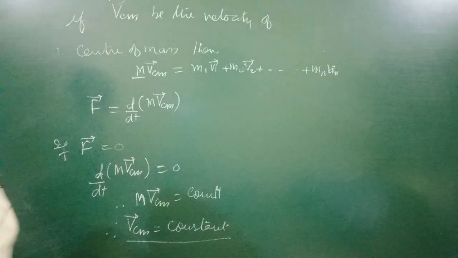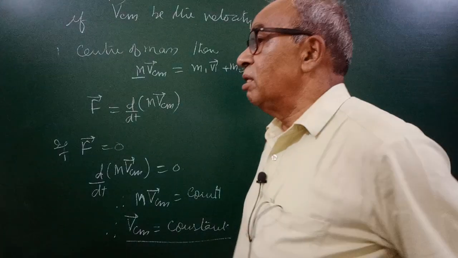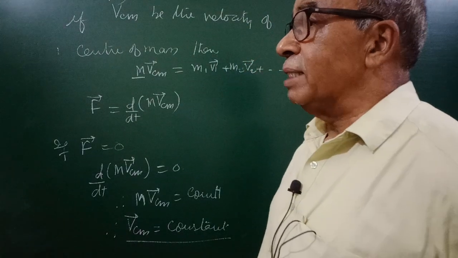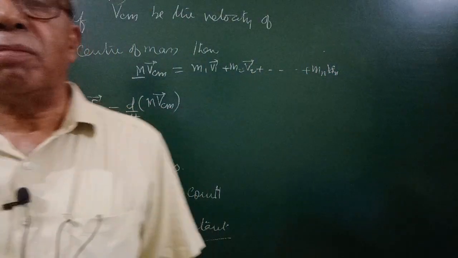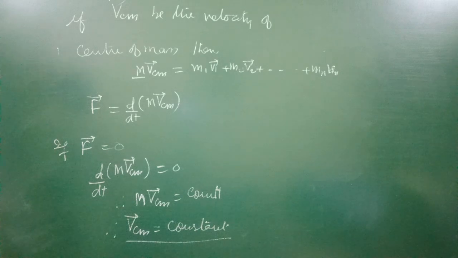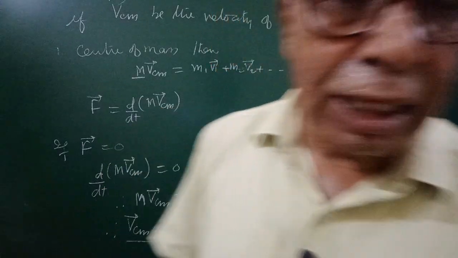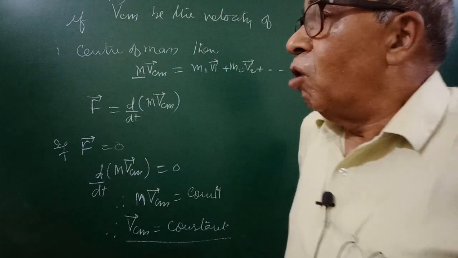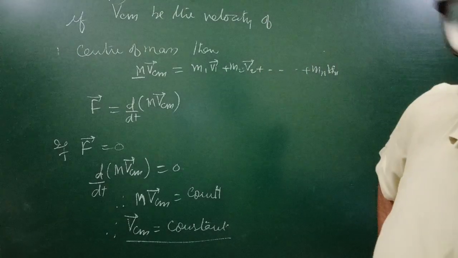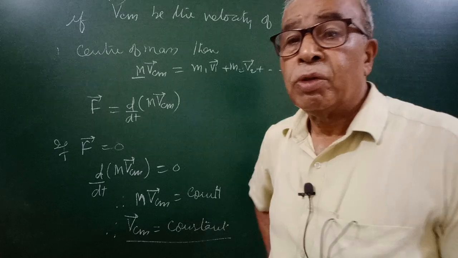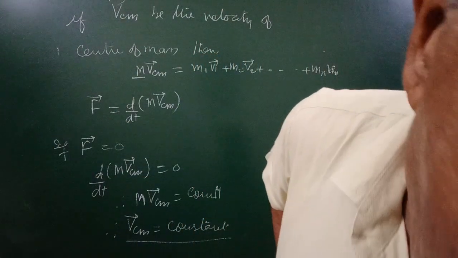What does it mean? That the velocity of center of mass does not change if no unbalanced external force acts on the system. If the system experiences no unbalanced external force, then the velocity of center of mass does not change, whatever be the changes of momentum of individual particles, but the overall velocity of center of mass will not change. So this was all about coordinate of center of mass and velocity of center of mass.